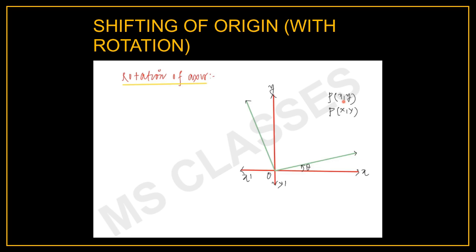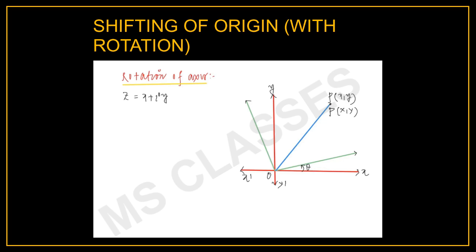Initially, with respect to the original coordinate system, we have the point here, because both are representing the same point. Now this point P can be represented as a complex number, small z, which we take as x plus iy.